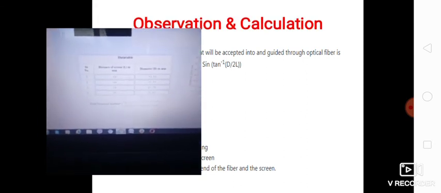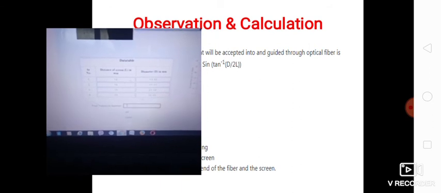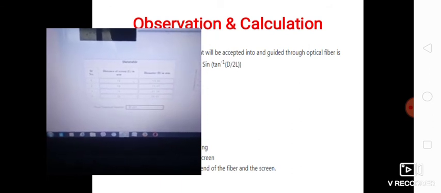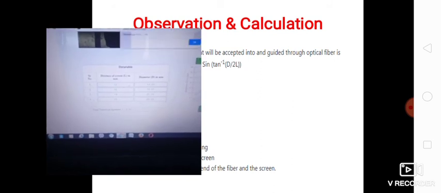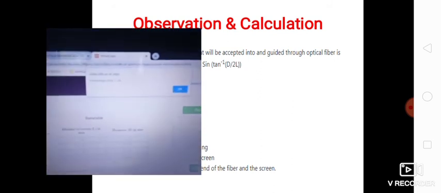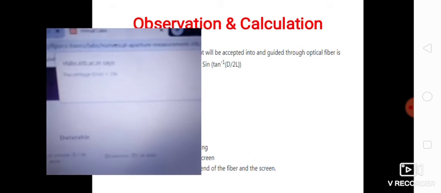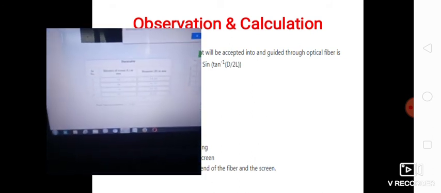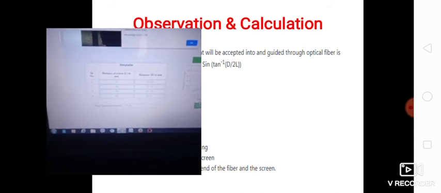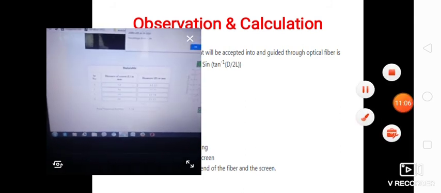After calculation, your numerical aperture will be 0.48 something. Okay, so I will just verify it. Yes, it's a 1% error. It's almost equal to our theoretical value. Okay, hope you understand this part.